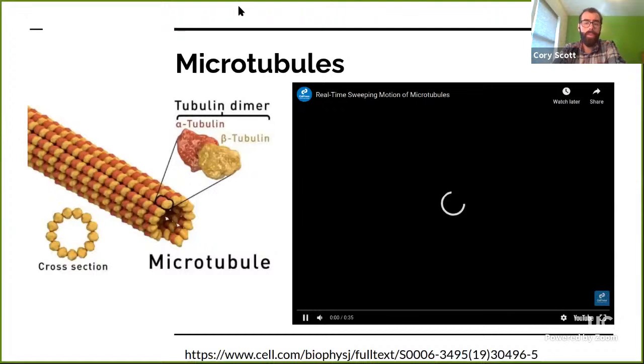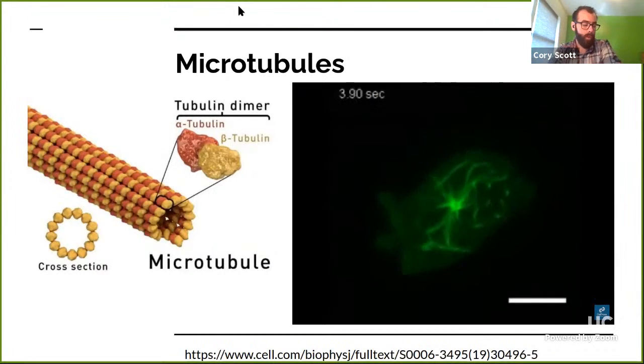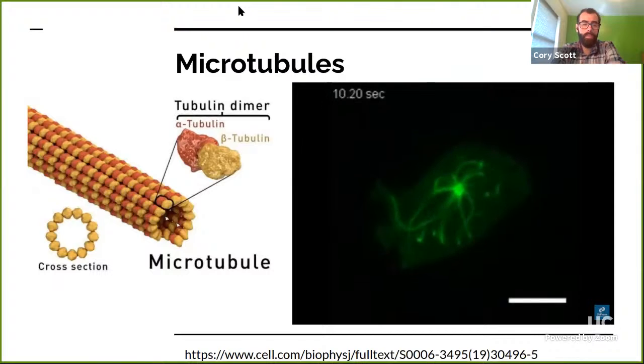So first, I want to talk about what a microtubule is, if you don't know. Microtubules are basically organic nanotubes that are repeating structures made out of a protein called tubulin. Tubulin comes in two varieties, alpha tubulin and beta tubulin, and those two associate into alpha-beta dimers.